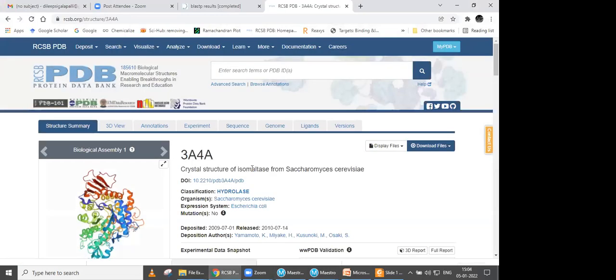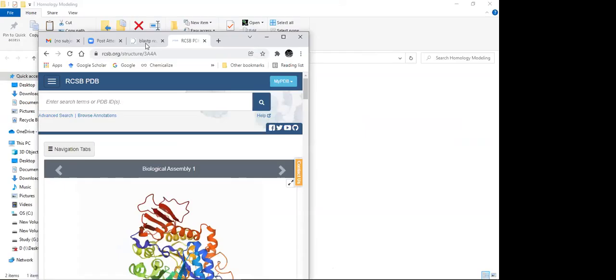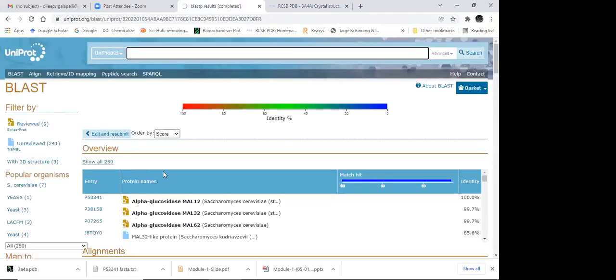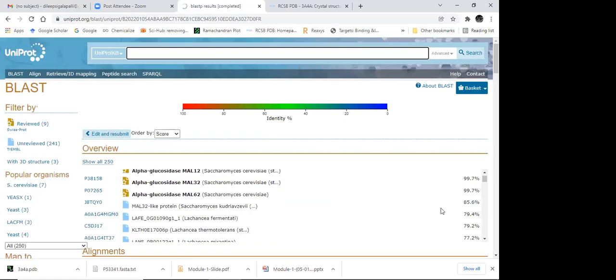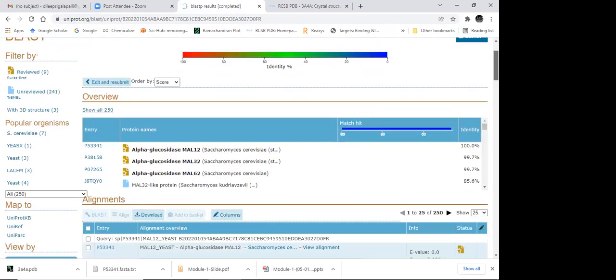First task was done. That means first we took the FASTA sequence of the query protein, that is alpha glucosidase, as well as we have done the BLAST homology search. Still, I guess it is running. Right, we got the results from the BLAST search. Here you can see the resemblance of the query protein with the templates.